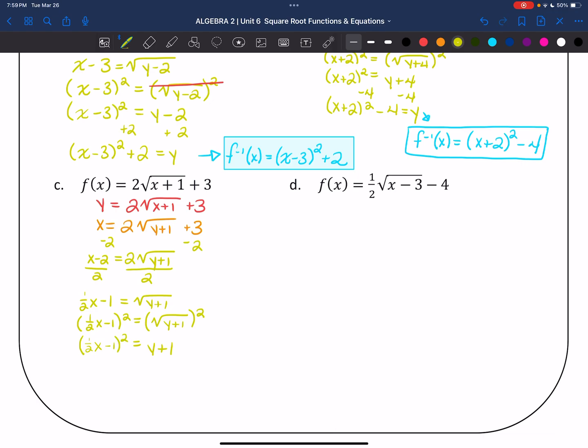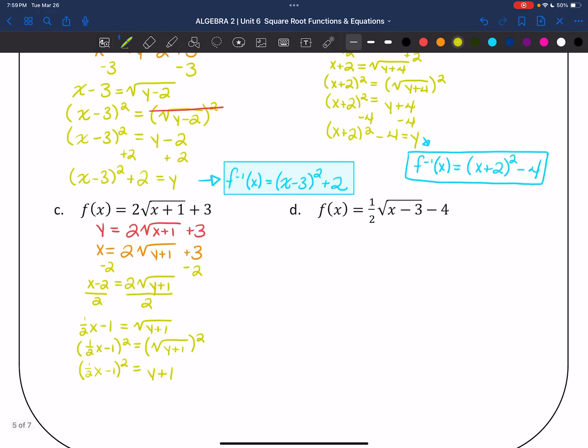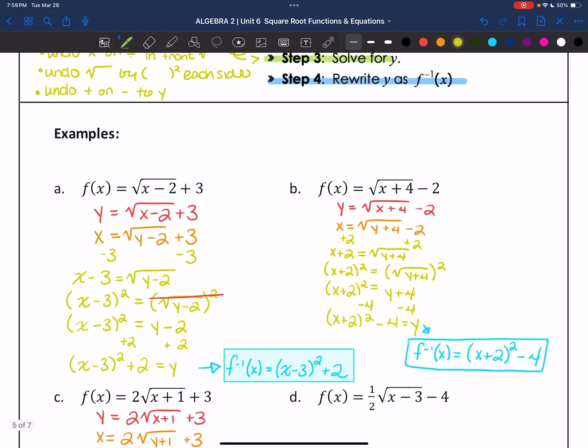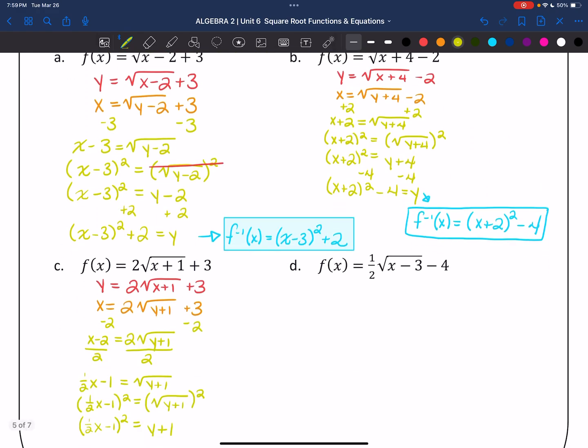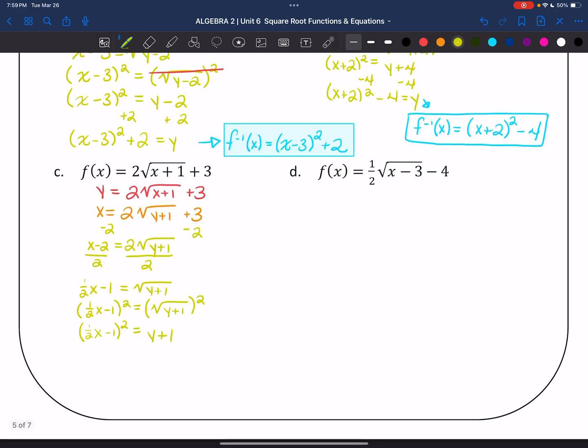There we go. And then finally, you want to undo any adding or subtracting to the y. We have addition, so we must subtract. And that comes after our binomial that is squared.